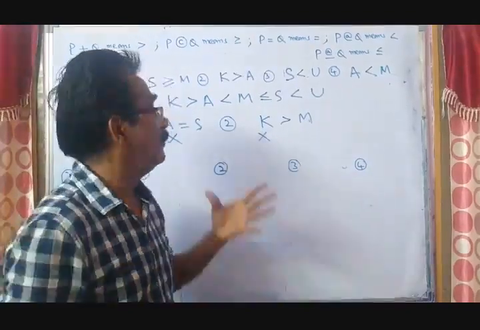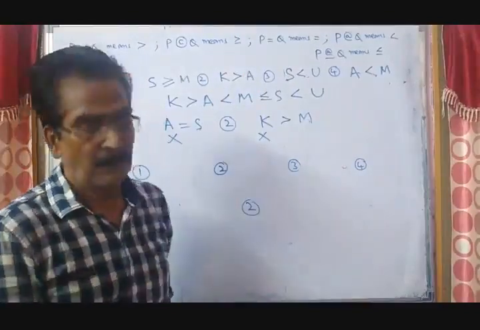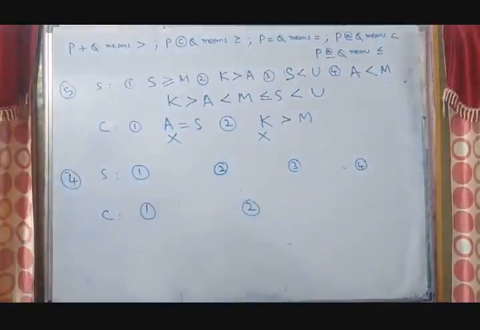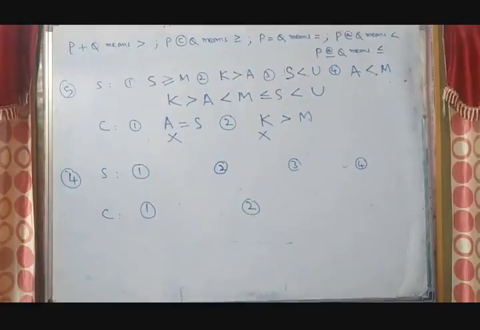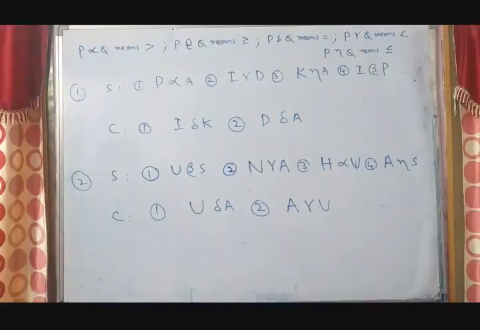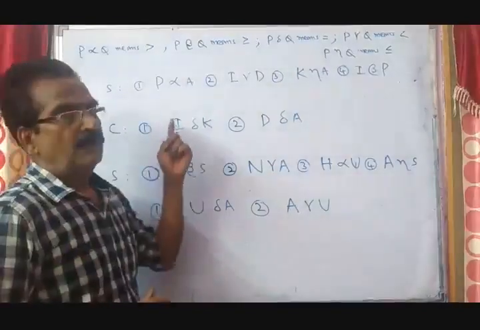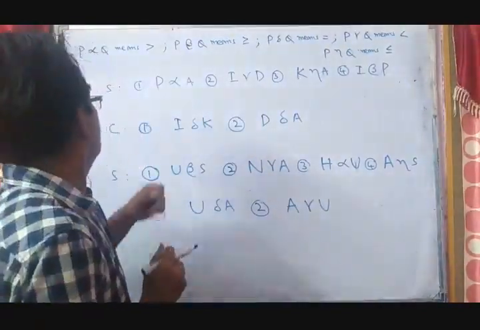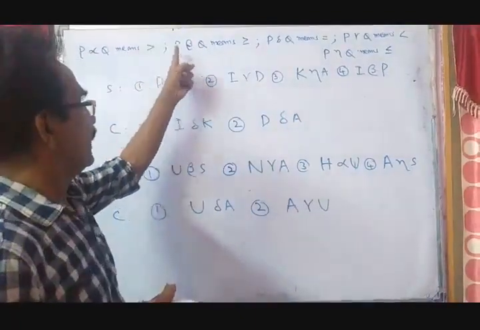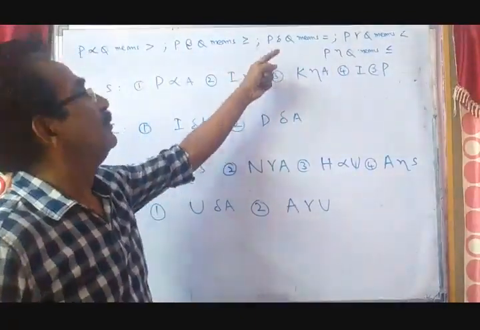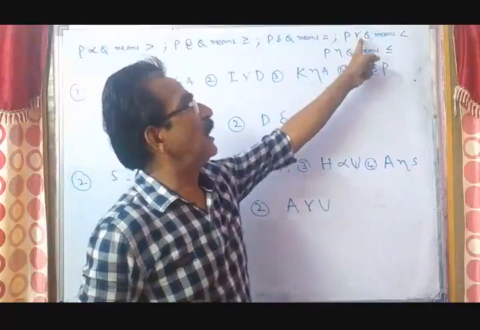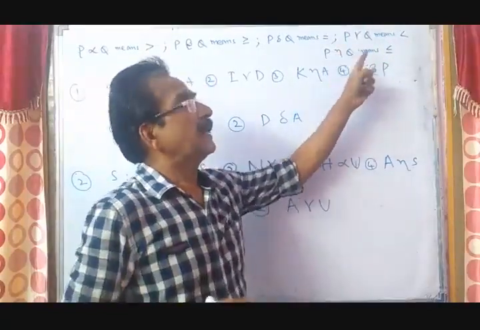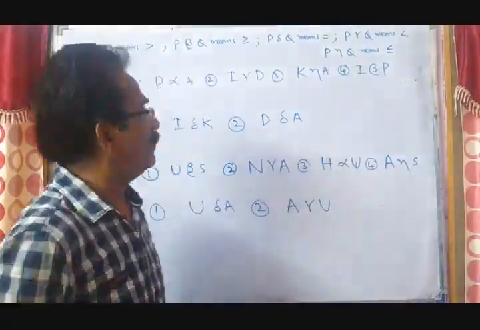Let us see one more problem. Okay, friends, let us see the second set of directions. Here alpha means greater than, beta means greater than or equal to, small delta means equal to, gamma means less than, theta means less than or equal to.